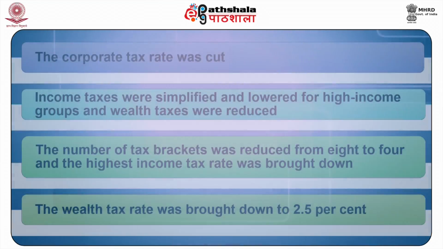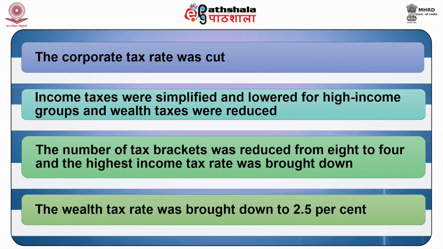First of all, comprehensive tax reforms were implemented in 1985, under which the corporate tax rates were cut, income tax was simplified and lowered for high income groups, and wealth taxes were reduced. The number of tax brackets was reduced from 8 to 4, and the highest income tax rate was brought down to 50%.